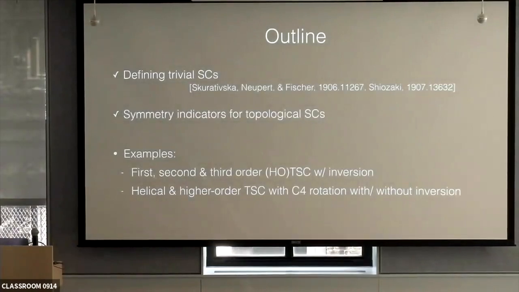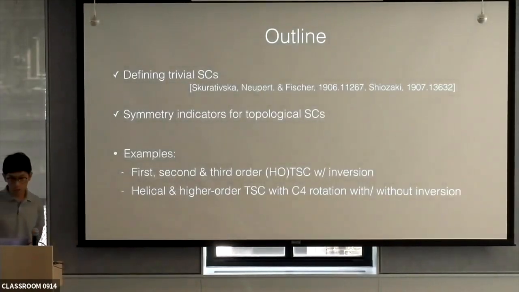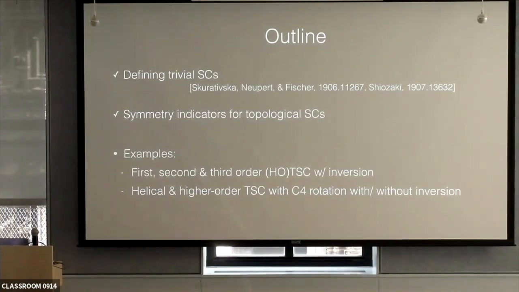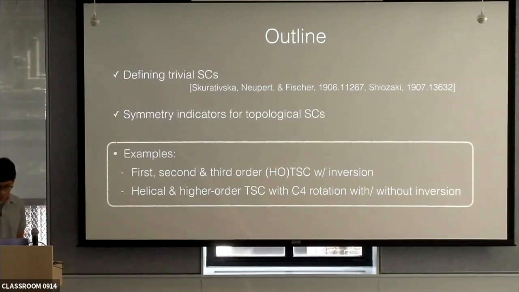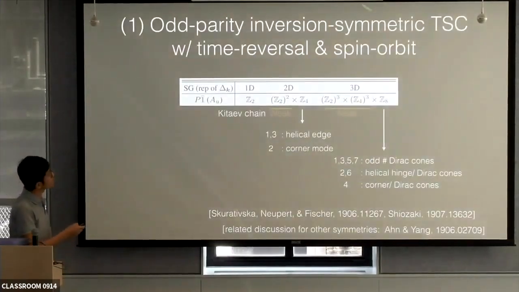Let me end by talking about some more physical applications of these ideas, some examples of topological superconductors that we can find by symmetry indicators. The first is what happens if we just have odd-parity pairing with inversion symmetry, again class D3, meaning time reversal and spin-orbit coupling.